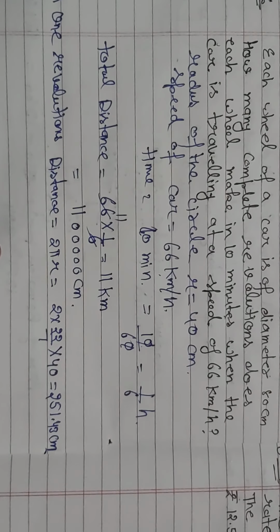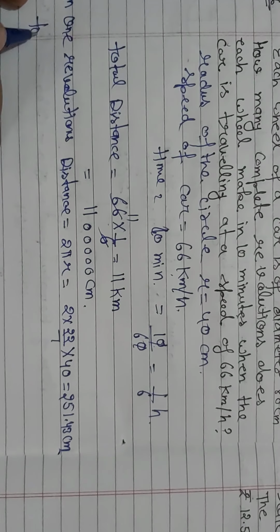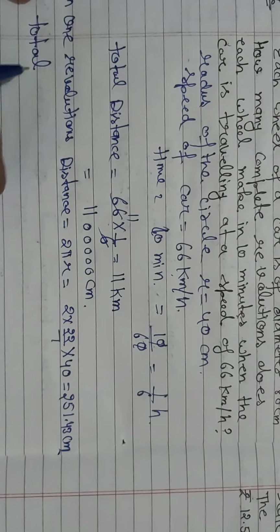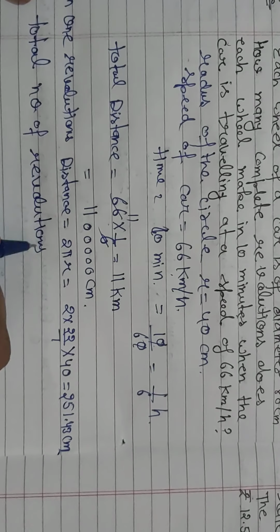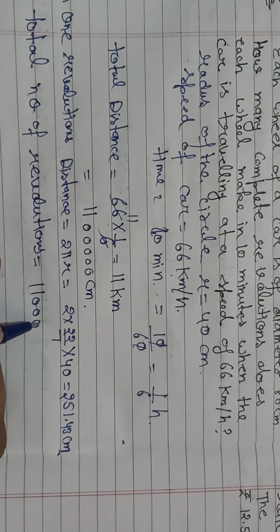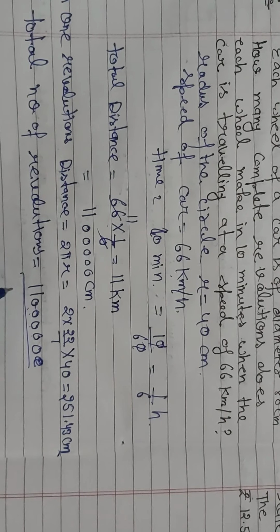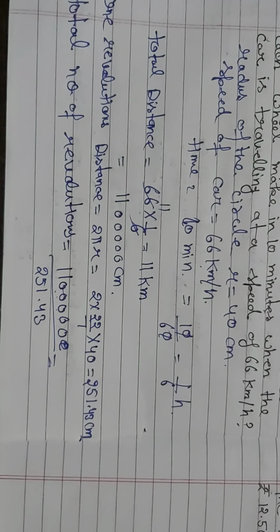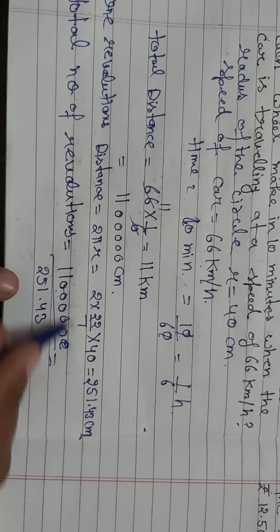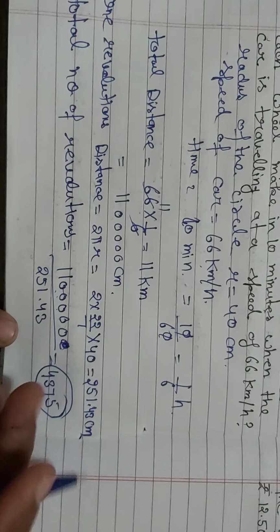The total distance is this. When we have to find the number of revolutions, then total distance divided by the distance in one revolution. Total number of revolutions equals total distance, 1 2 3 4 sorry 5 zeros, divided by 251.43. If we solve this calculation, then this equals 4375, and these are the number of revolutions.